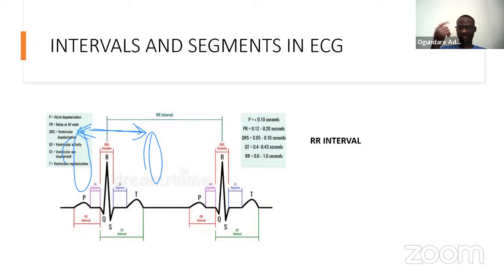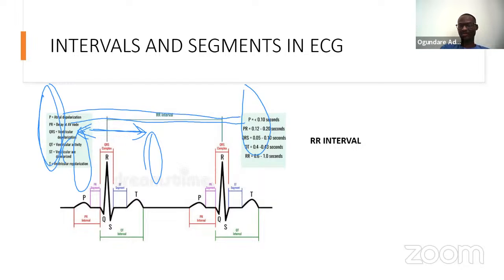So when there is bradycardia, you will see a significant increase in this RR interval. Okay, and it's just logic. What that means is maybe there is a ventricular contraction here, and it takes forever before another cycle is completed, and it takes another eternity for another cycle to complete. So definitely this gap is going to be getting wider and wider.